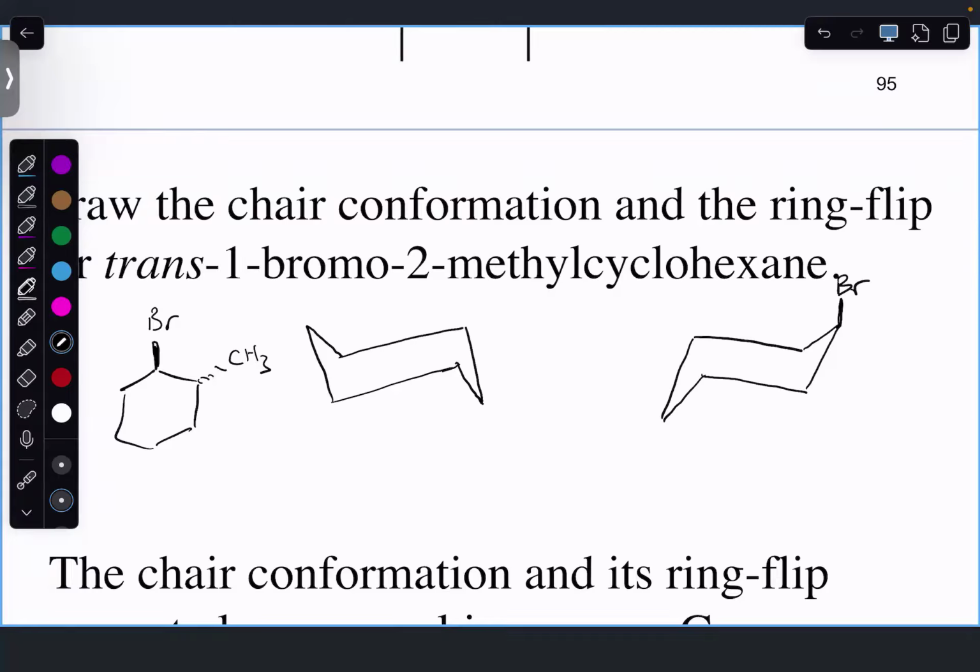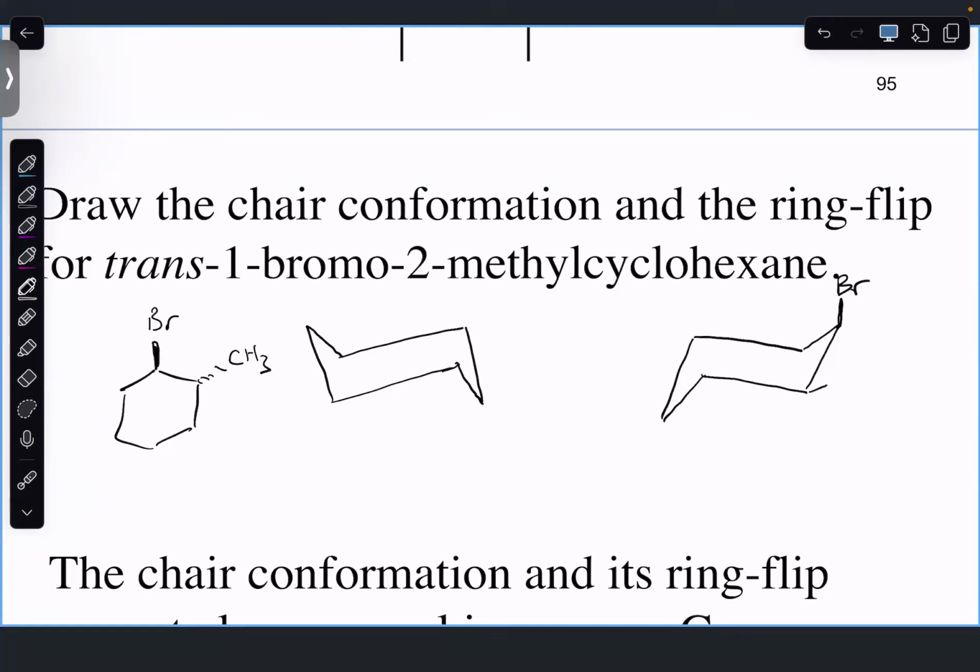So there's my bromo. Now I'm going to put the methyl right next door to it. I know it has to be directly next door to it because it's a 1-2 relationship. So if that's true, I know that the groups on that C2 are going to look like that.